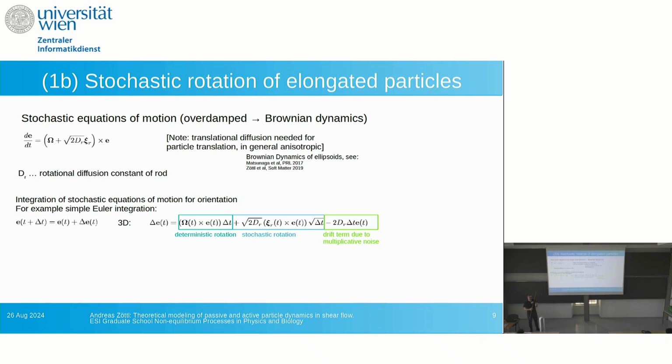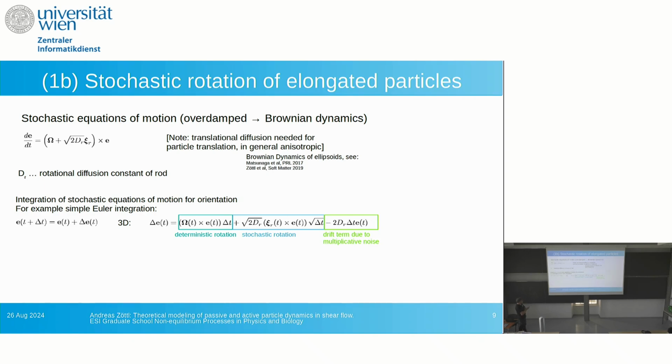So there's just a single Dr value, even for a rod. It's different when you have triaxial particles. Then you have a full tensor. And then you look in the literature, and you will find out it's not so easy to find nice simple equations for that anymore. That's a different story.